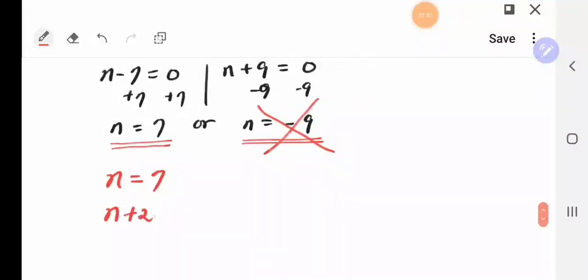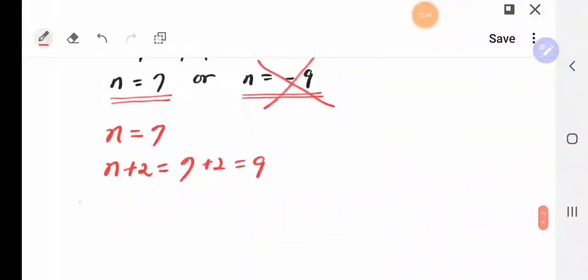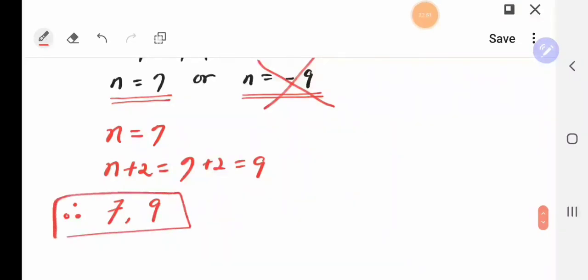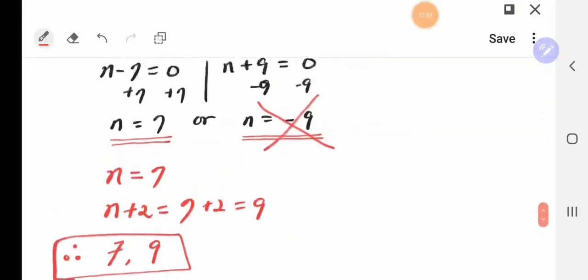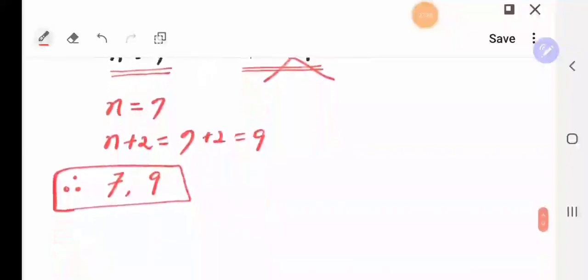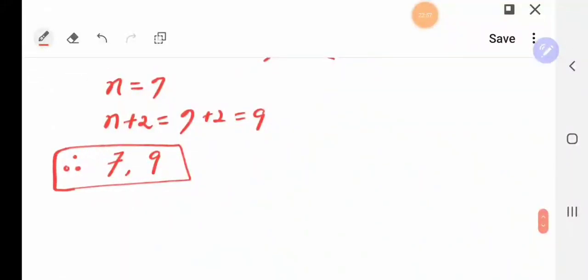Next consecutive odd integer is 2 more than the number 7. So that will be 9. So we want to find those two integers. Two consecutive positive odd integers will be 7 and 9. So this will be the solution. Now negative 9 is not a solution. So those two positive odd integers are 7 and 9.